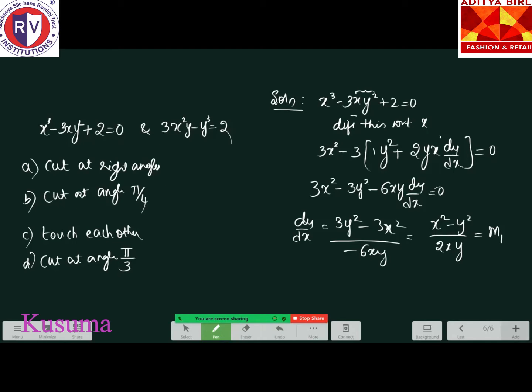Now let us take the second equation. Second equation is 3x square y minus y cube is equal to 2. Let us differentiate this with respect to x now. If we differentiate with respect to x here, 3 is a constant.